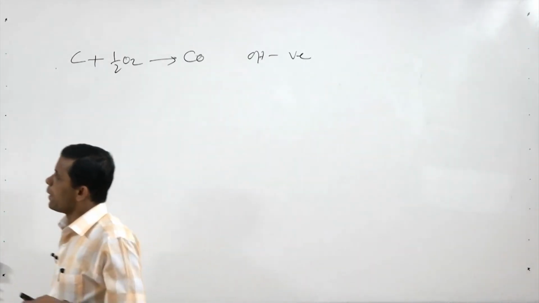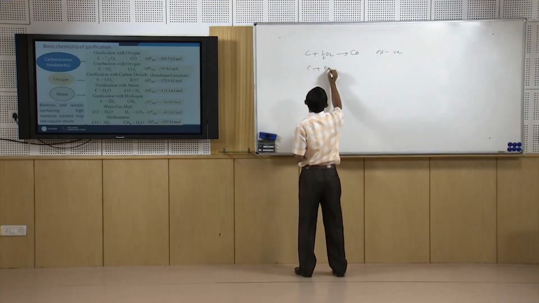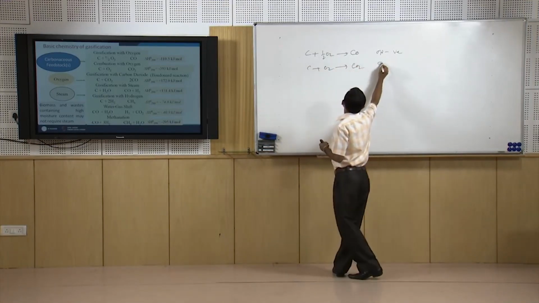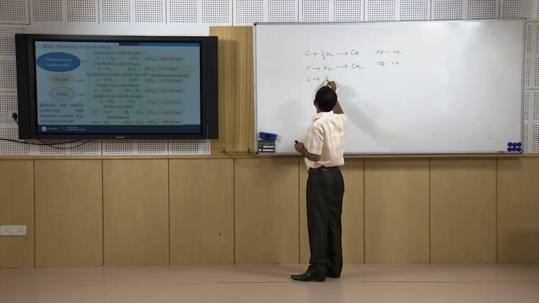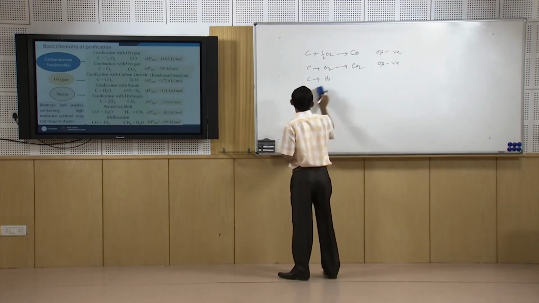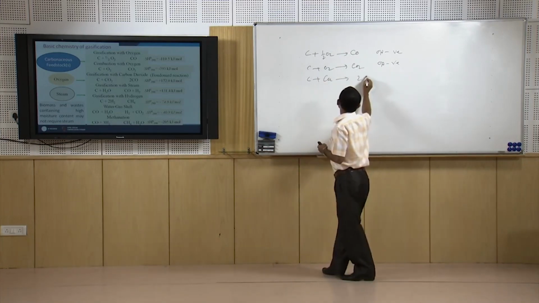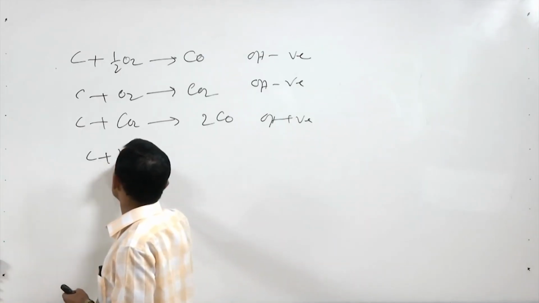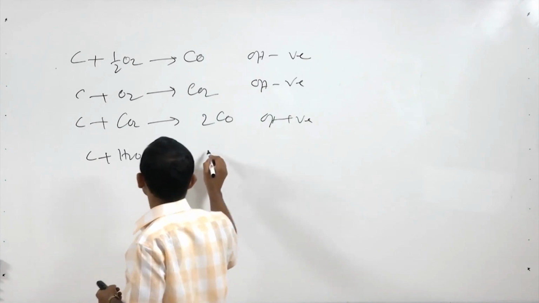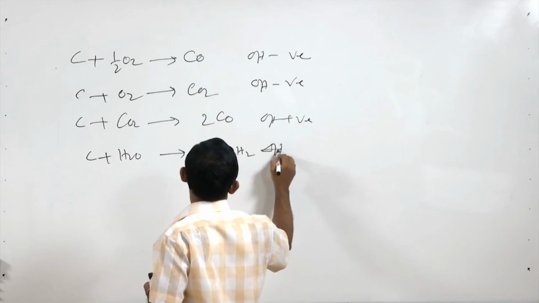This is called gasification with oxygen or partial oxidation. Then combustion with oxygen, C plus O2, will give us CO2, del H negative. C plus CO2 will give us CO, del H positive. C plus H2O will give us CO plus H2, del H positive.